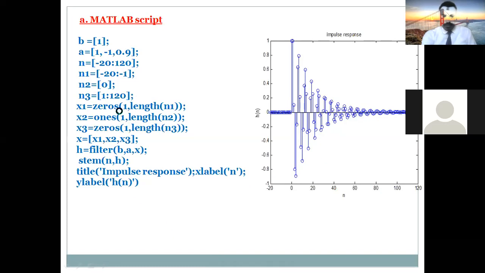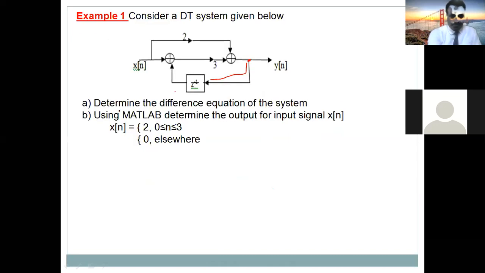Let's write the difference equation of this system. How many components does this system have? Here we have one delay element. Here we have an adder, and here another adder.